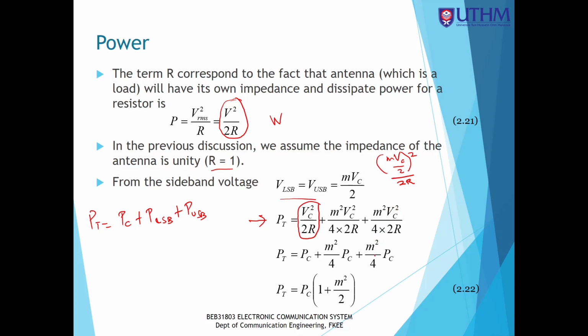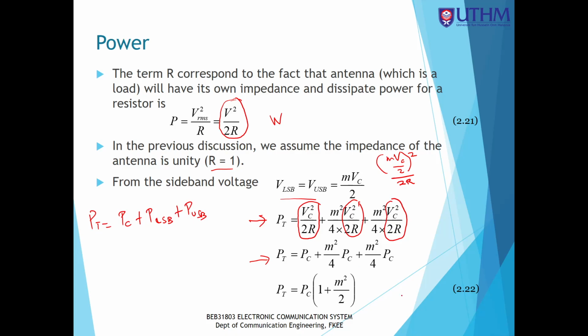From here you can see that this part is actually PC. So we can rewrite it as P total equals carrier power plus M squared over 4 PC plus M squared over 4 PC.